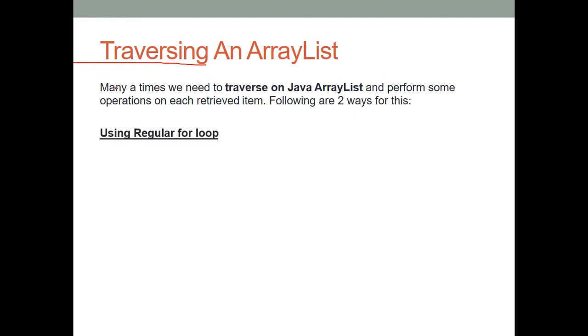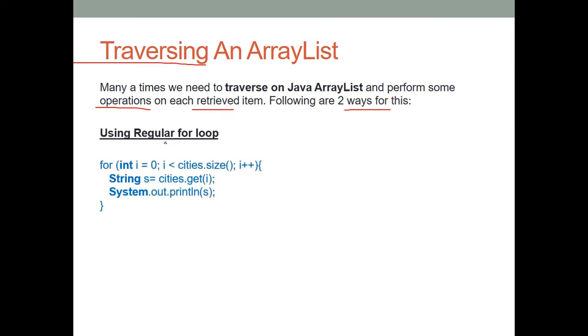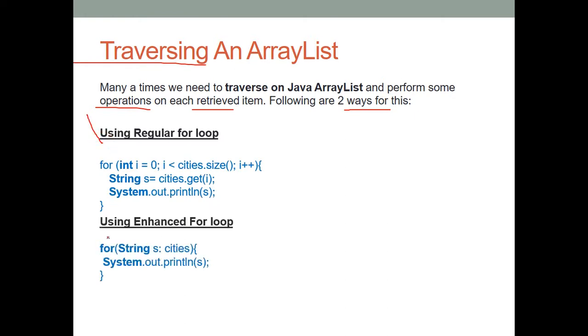Many times we need to traverse a Java ArrayList and perform some operation, and we can retrieve items in two ways: using the regular loop, as you know, and using the enhanced for loop. You already know this, and I am going to discuss it for strings.